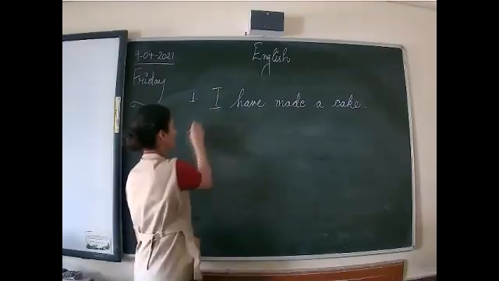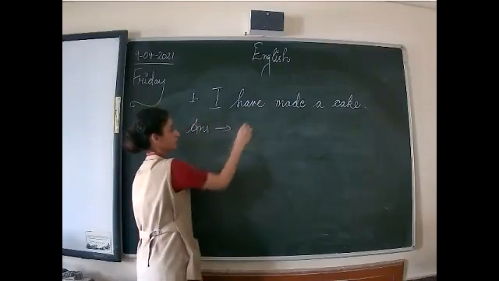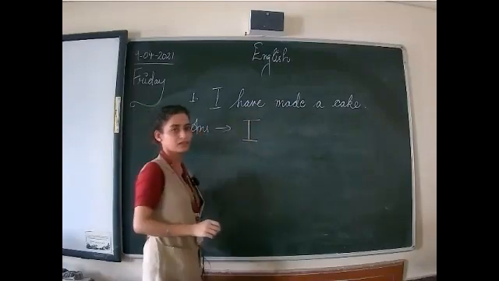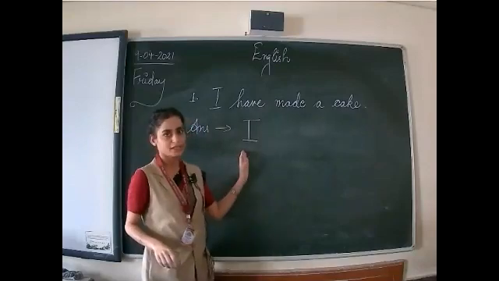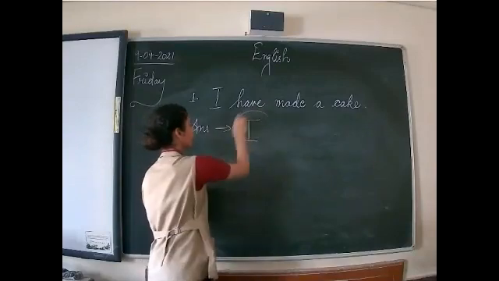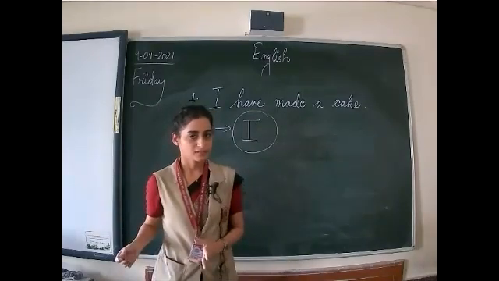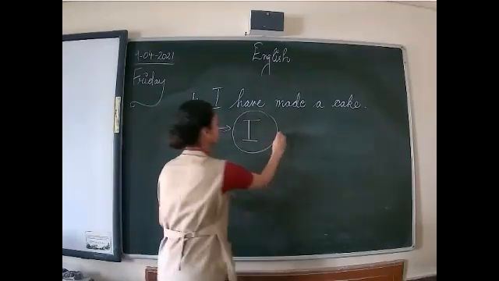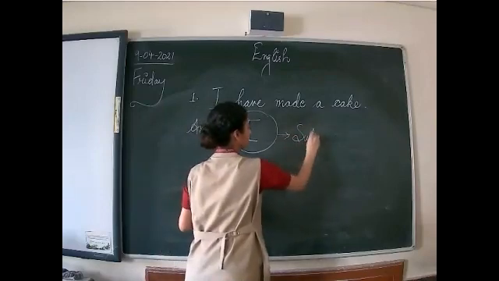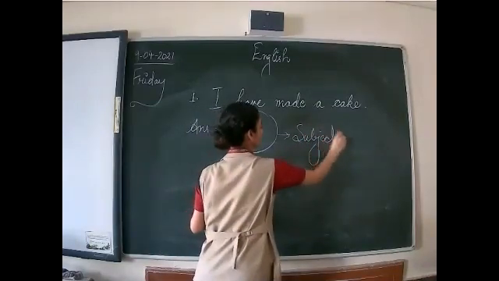The answer is clear. I. Who has made it? I have made it. So I is what? The subject or the predicate? It is the subject.